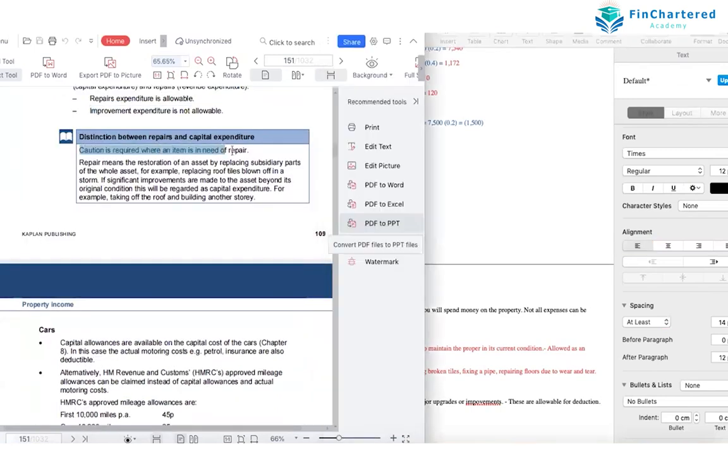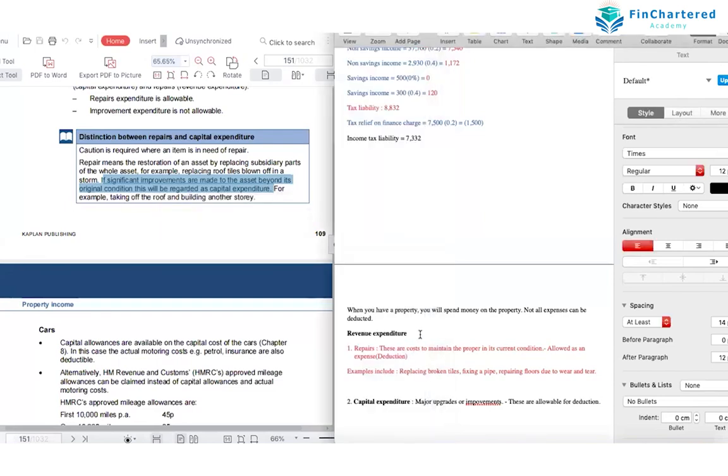Caution is required when an item is in need of repair. Repair means restoring of the asset by replacing it with whatever, right? You're just fixing the damage. But if significant improvements are made to the asset where it has improved better than the previous time, that is a capital expenditure.